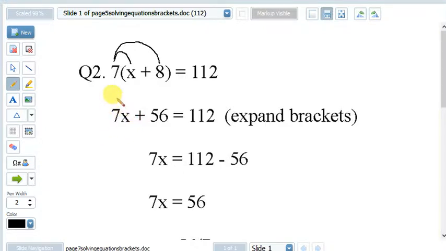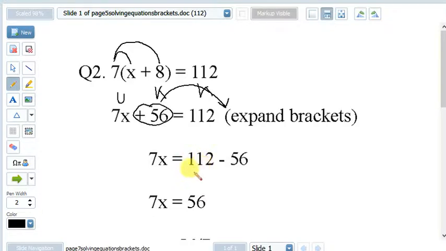Next, we label our unknowns and knowns, and then we move the 56 across to this side, and positive 56 becomes negative 56.